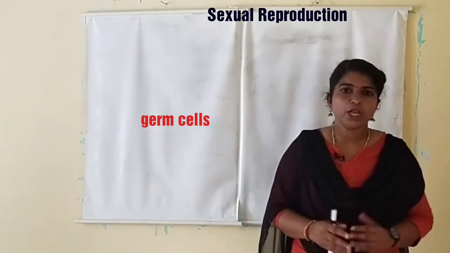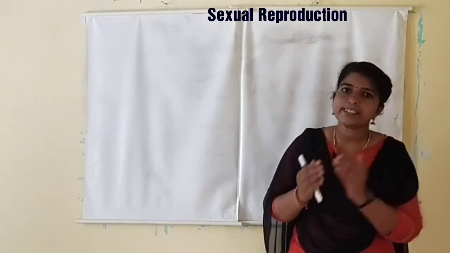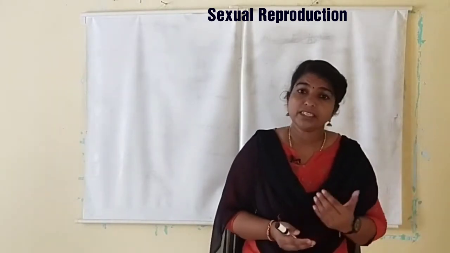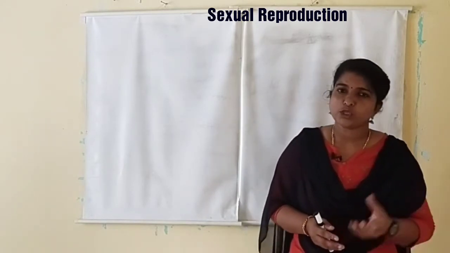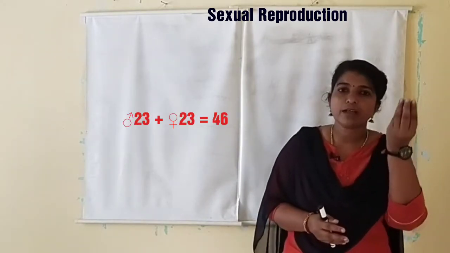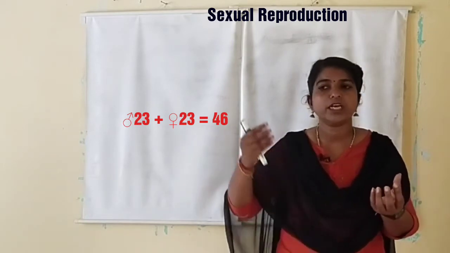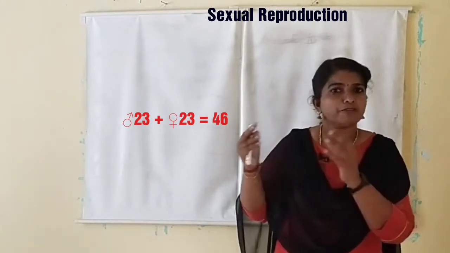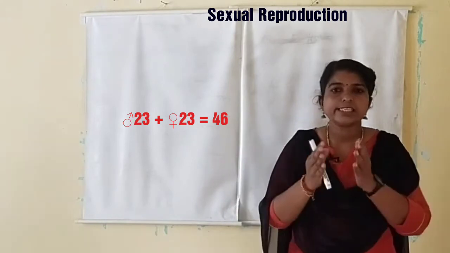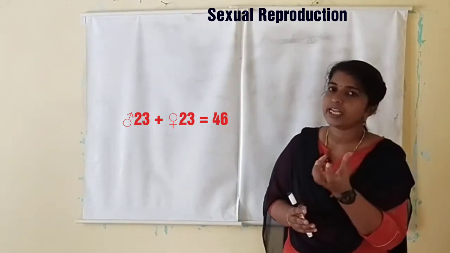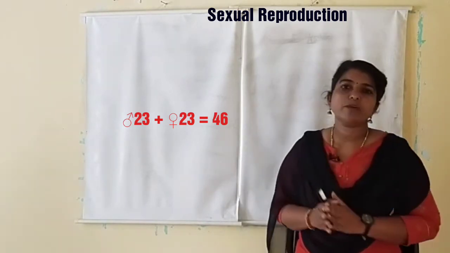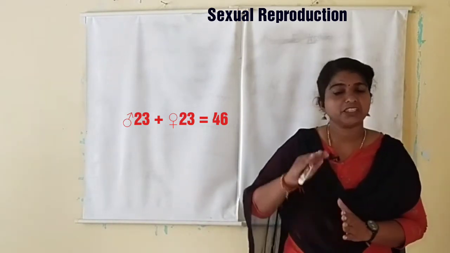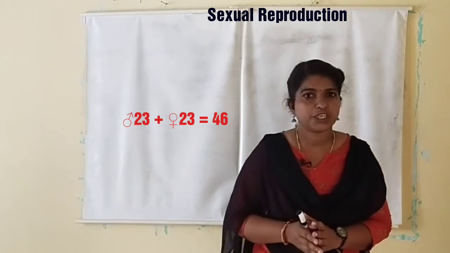For example, human beings have 46 chromosomes, but the germ cells contain only 23. So, 23 chromosomes of the male combine with 23 chromosomes of the female germ cell, then the resultant will have the full set of chromosomes. So, the chromosome number can be maintained generation after generation.